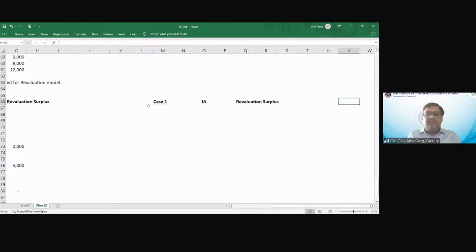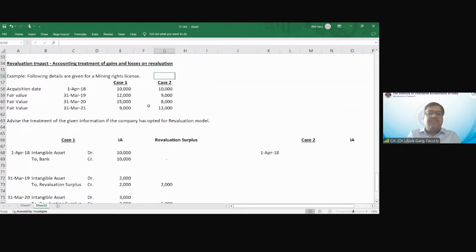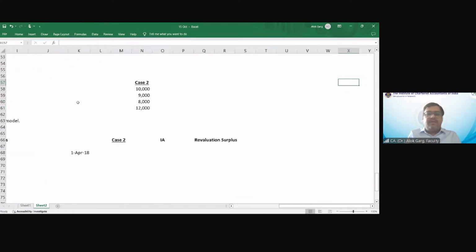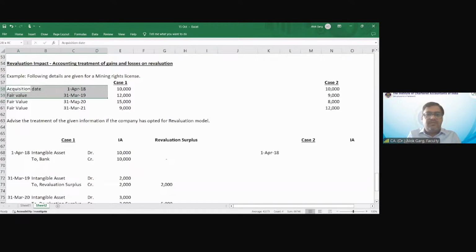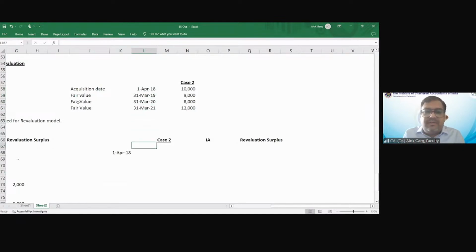Case 2. What are the values in case 2? These are the values which are given. 1st April 18.